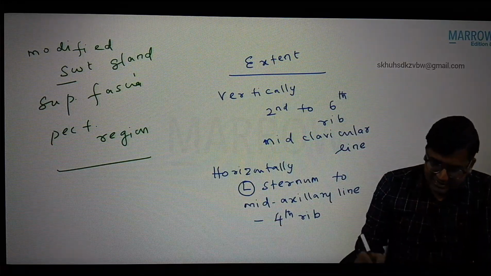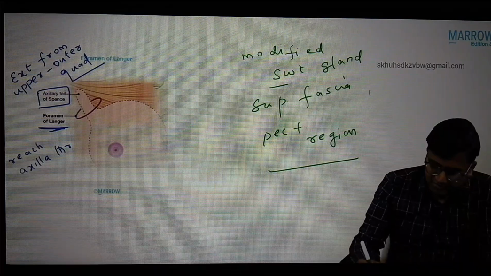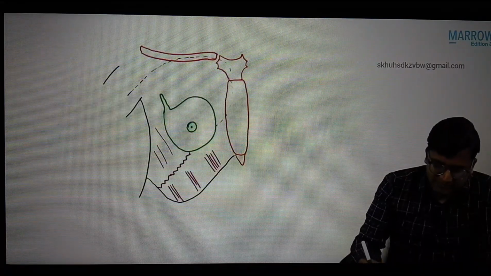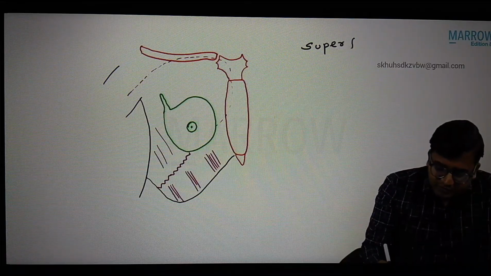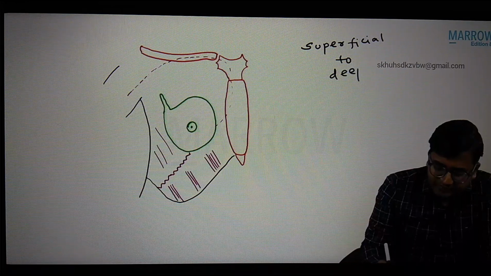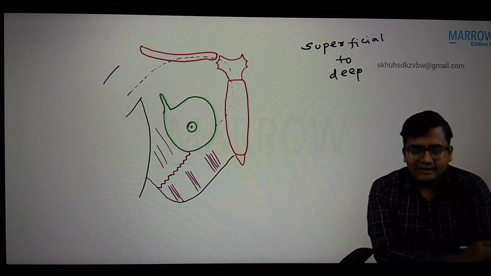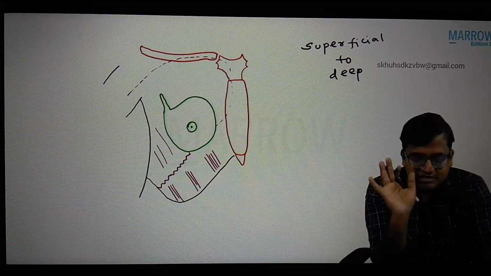Next, what are the relations of the breast and the mammary gland? We're going to see the relations from superficial to deep. I told you the mammary gland and the breast are present in the superficial fascia of the pectoral region.